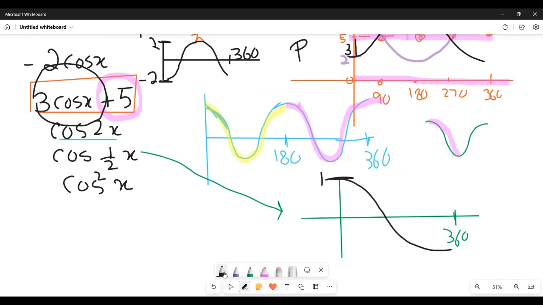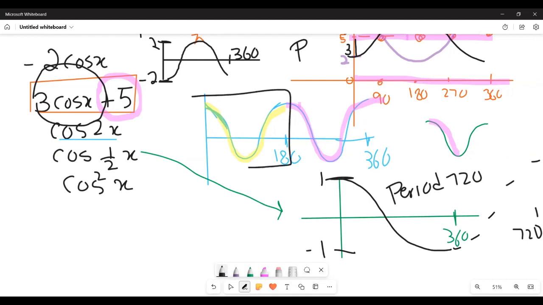This is 1 and this is minus 1. If you're asked to finish it completely, then it goes till 720. The period of this graph is 720 because it completes one complete cycle at 720, and for the previous case, the period was 180.